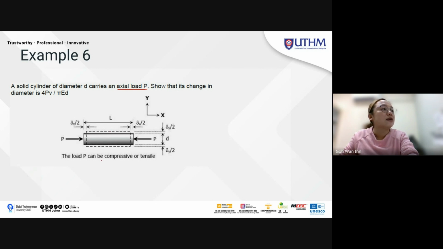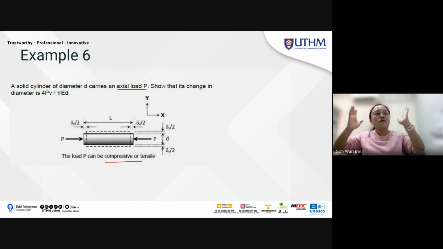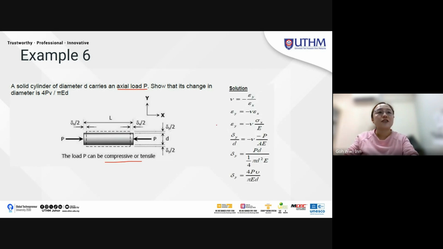The load can be compressive or tensile. If compression, it will be shorter; if tensile, it elongates. So the solution: V is equal to minus the Poisson's ratio, negative lateral strain over longitudinal strain if in compression.